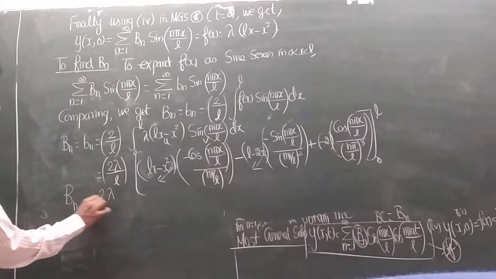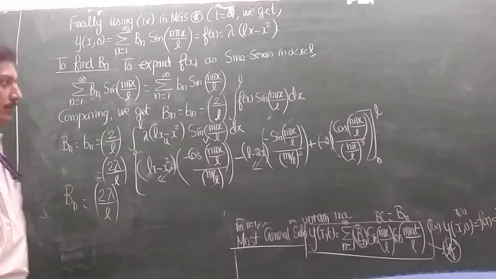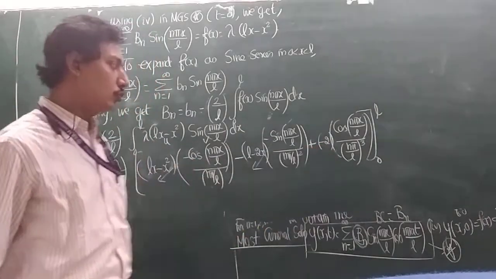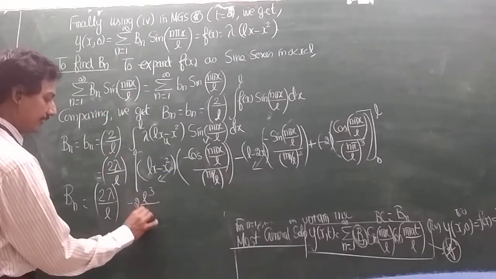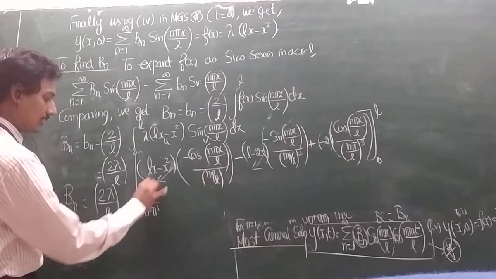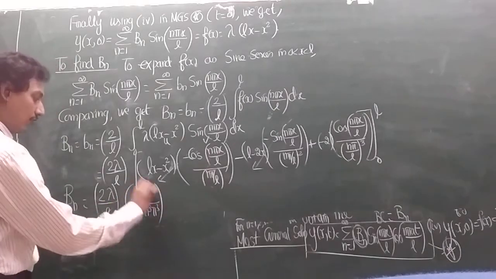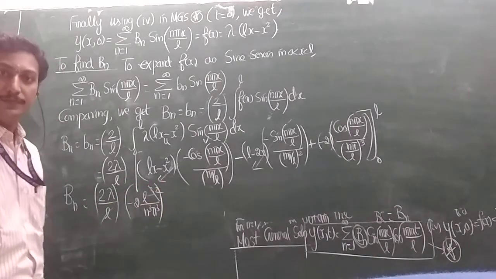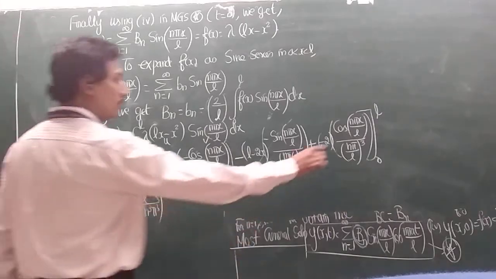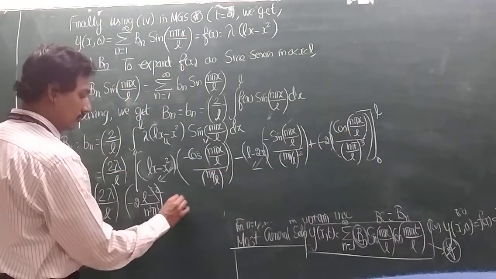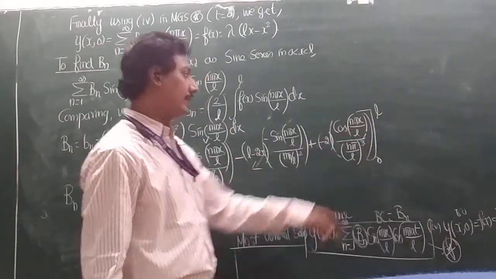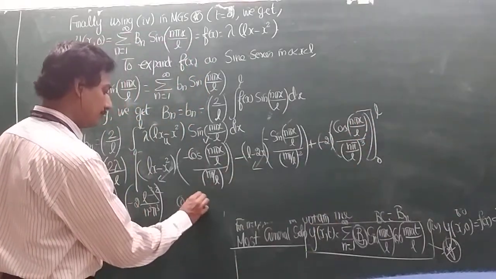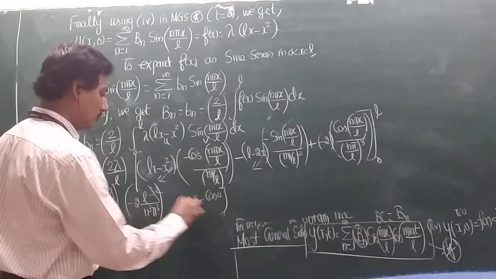So capital Bn is equal to 2 lambda by L. Taking minus 2 outside, we have minus 2 L cube by n cube pi cube, a constant term. After cancellation of one L, this becomes L square. The balance is cos n pi x by L: substituting x equal to L gives cos n pi, and substituting 0 gives cos 0.